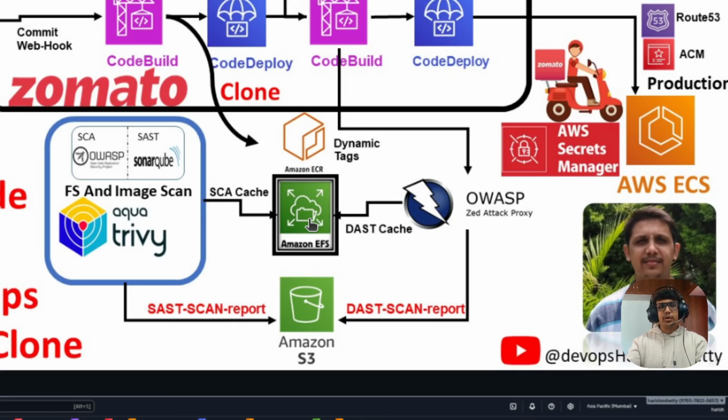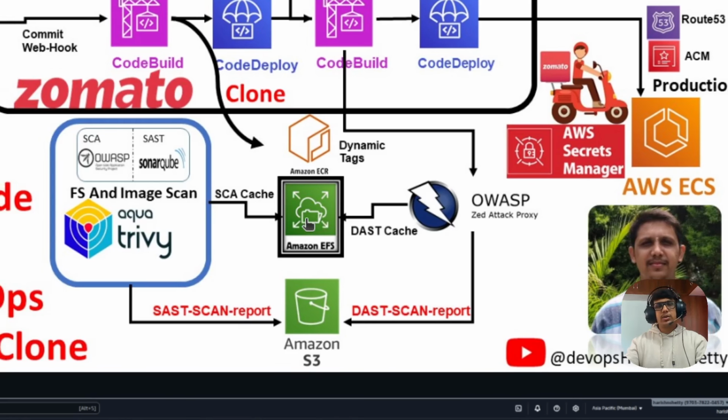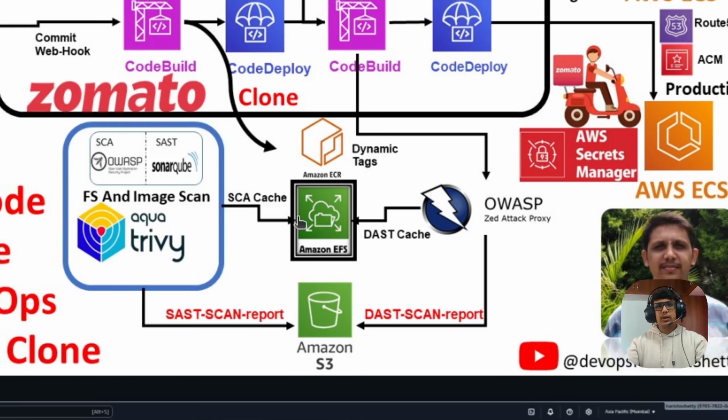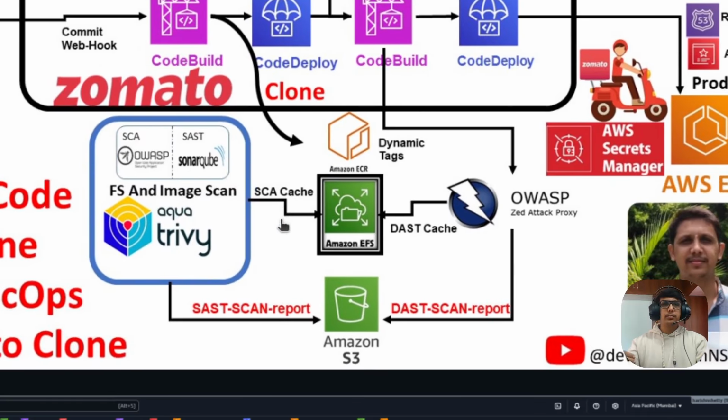In Jenkins, the SCA records are cached. But here, when you build, the cache is always deleted and it again gets a new OWASP cache.